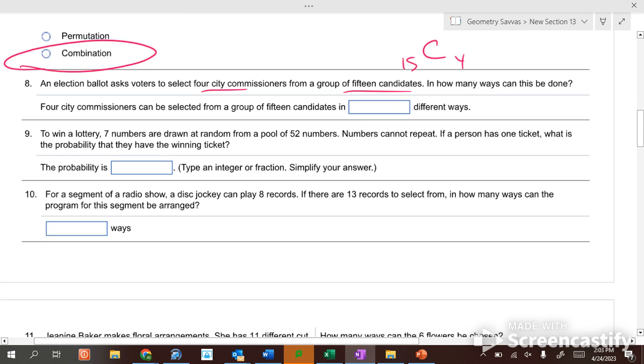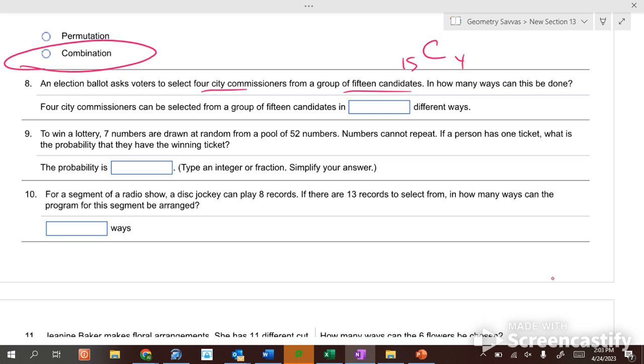To win a lottery, 7 numbers must be drawn from a pool of 52 numbers. Numbers cannot repeat. So it's like those little ping pong balls that they draw out. Number 7, number 21, and so on. If you have a lottery ticket, what's the chance of you having the winning ticket?